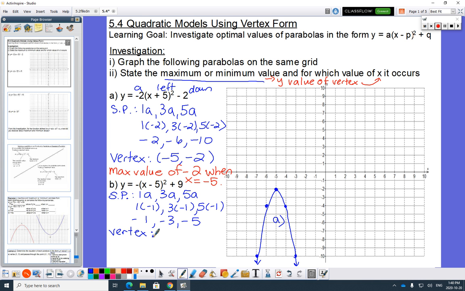So now this is to the right 5 and up 9 instead of left and down. But we're going down, but it's back to the original 1, 3, 5. So over 1, down 1, over 1, down 1, 2, 3, over 1, down 1, 2, 3, 4, 5.